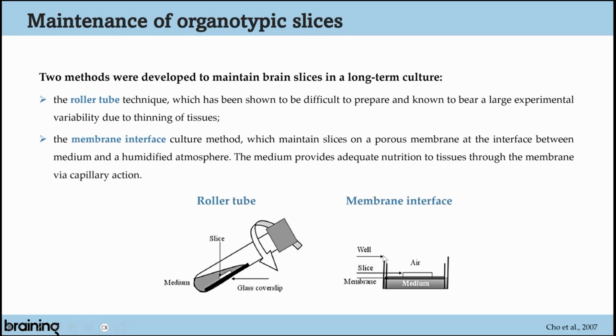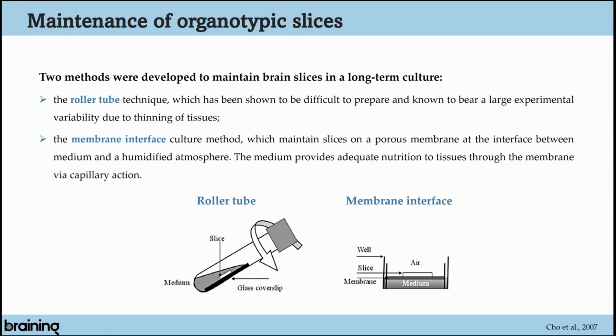Like I showed you before, you have the 6-well plate, then you have this insert that contains a porous membrane. Beneath the insert, there's the culture medium. Above the insert, there's the air that is inside the incubator, and then you have the slice there. So you have an interface between the media and the humidified atmosphere.